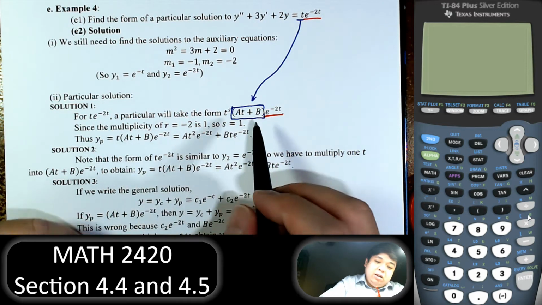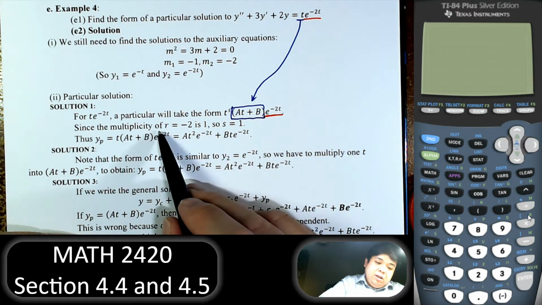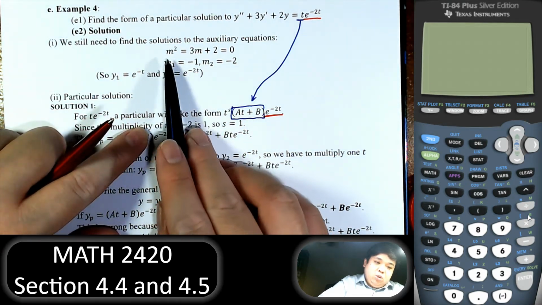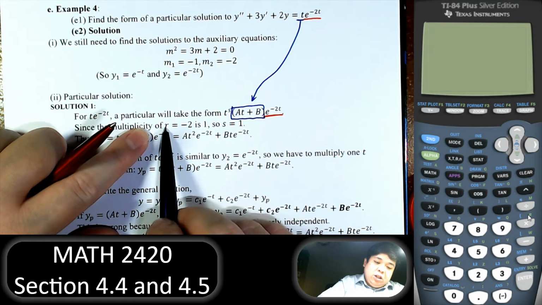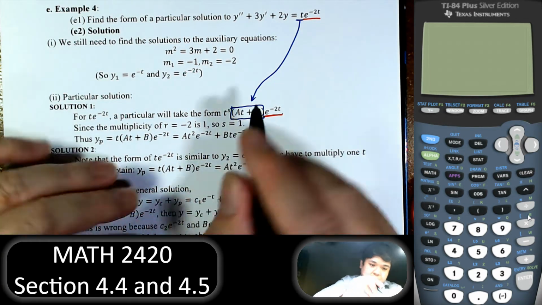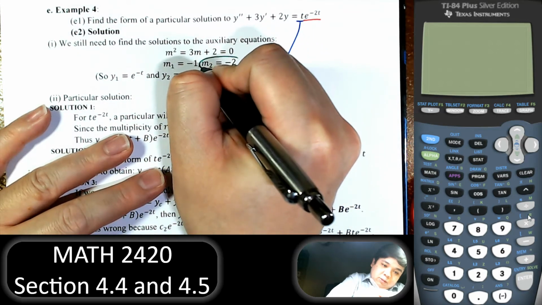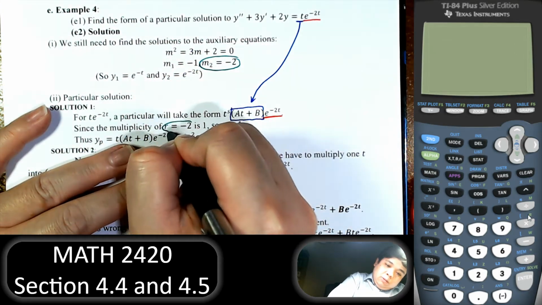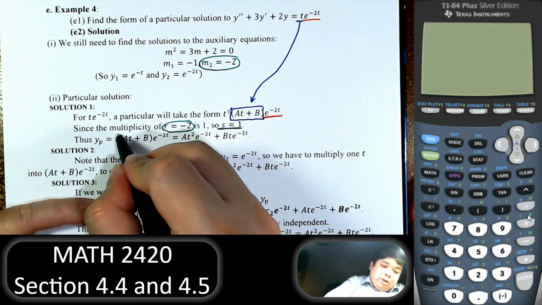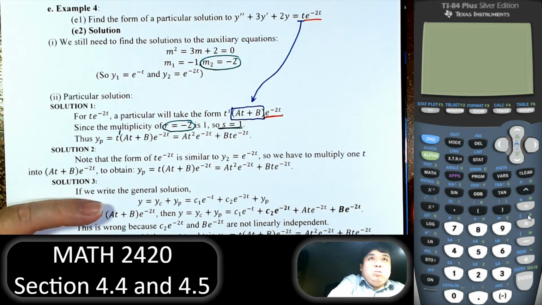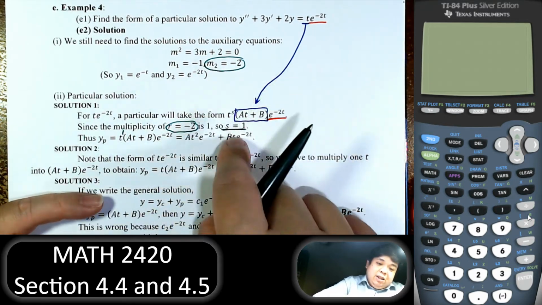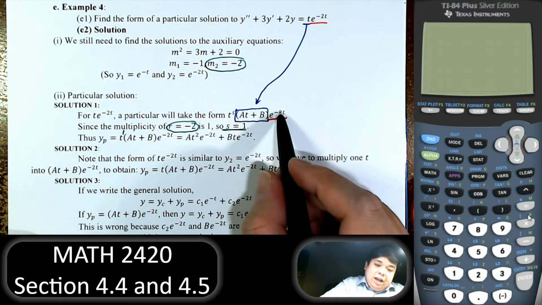For this one, I mean, this should be r, not m. The solution is r equal to negative 2, with multiplicity of 1. So that's why we'll have that to the first power.